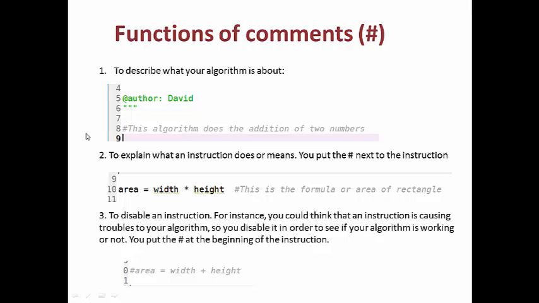Second, you can use a comment in order to explain what an instruction does or means. For example, here you have a formula. Area is going to be width times height, and you put the comment, the hashtag, next to the instruction, and it says, okay, this is the formula for the area of a rectangle.